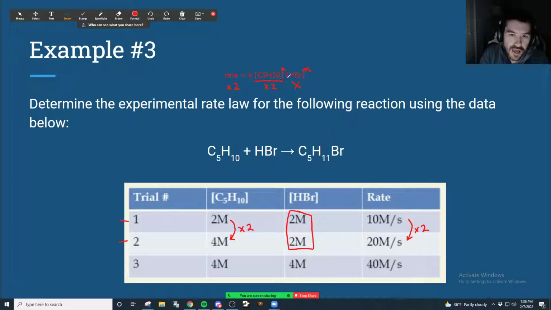That only happens if you're raising this thing to the first power. If it's raised to some other power, like 2 or 3, then times 2 is not going to give you a times 2. It's going to give you a times 4 or a times 8. So times 2 and times 2, the same multiplier on the concentration and the rate, that is what a first order situation looks like.